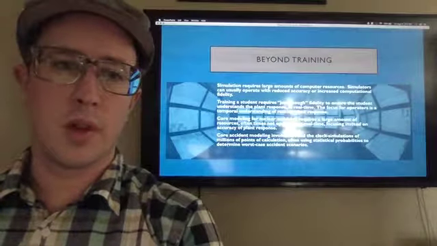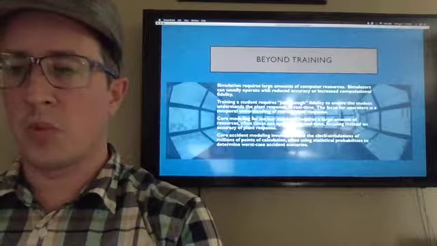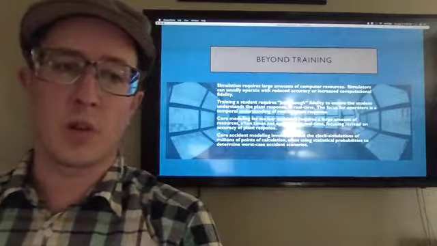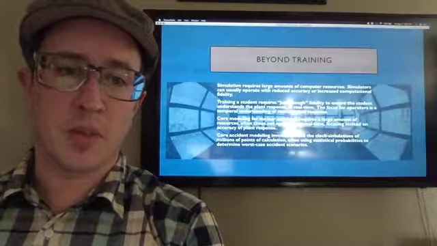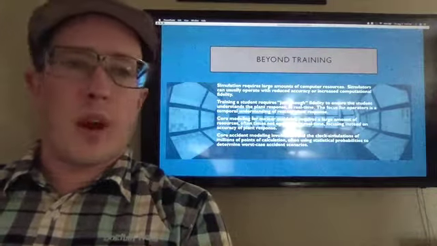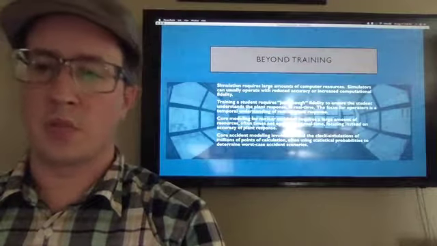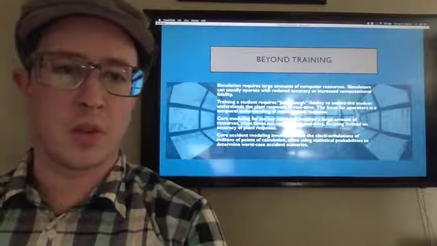Simulation can be used well beyond just training operators. One of the things that it's used most commonly for is training maintenance personnel. For example, you have to enter the reactor room, you have to perform maintenance on a certain component in there.